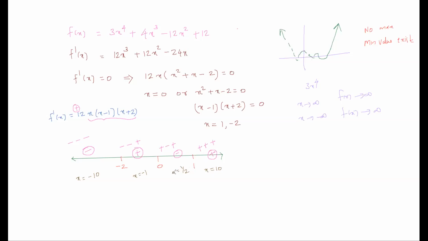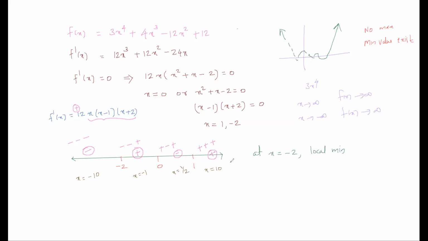So see, left side of -2, f dash x is negative. That means the function is decreasing. Right side of -2, the function is increasing, meaning decreasing then increasing. That means at x is equal to -2, there is a local minimum.